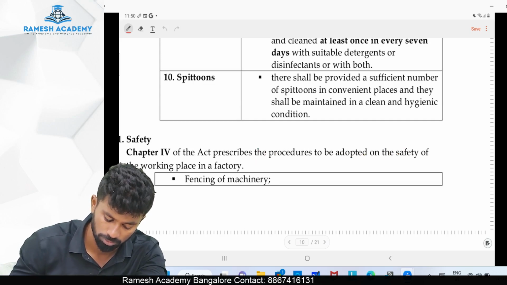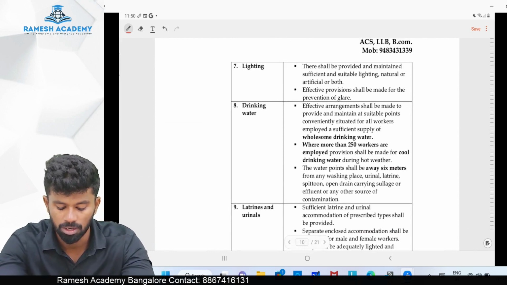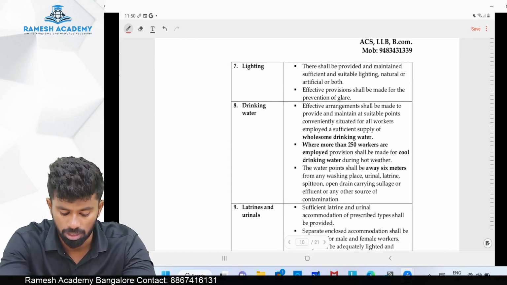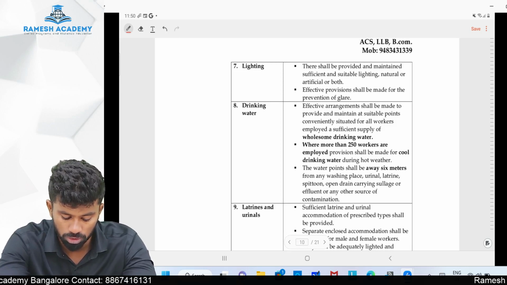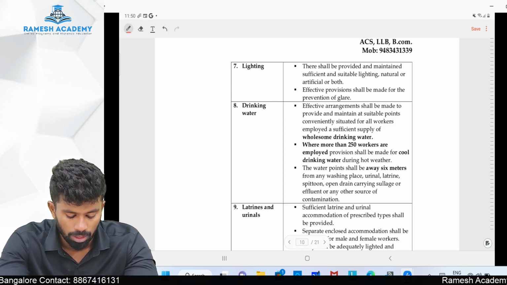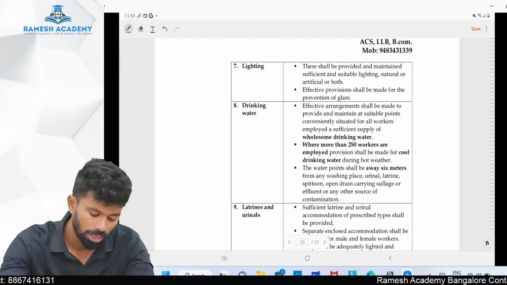Overcrowding. Next, lighting. There shall be a proper arrangement for lighting, either by natural light or artificial or both, and there should be a provision for avoidance of glare.